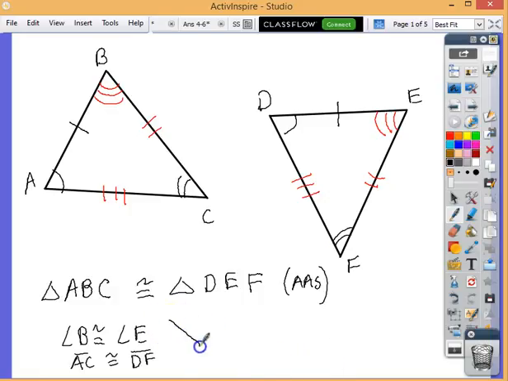These two things are true by a concept known as CPCTC, and that stands for corresponding parts of congruent triangles are congruent. So we need to know that. Corresponding parts of congruent triangles are congruent.